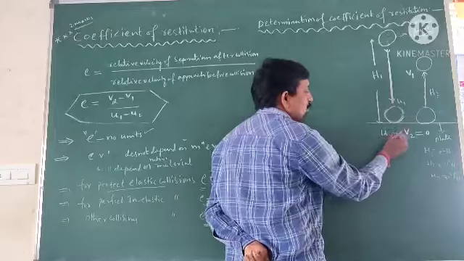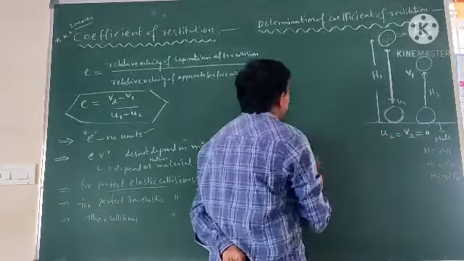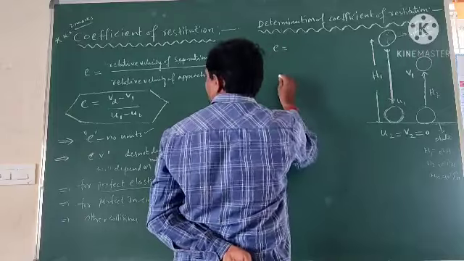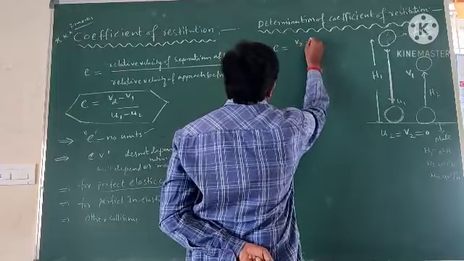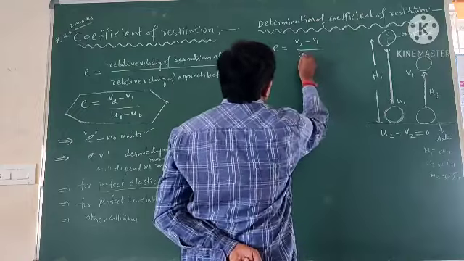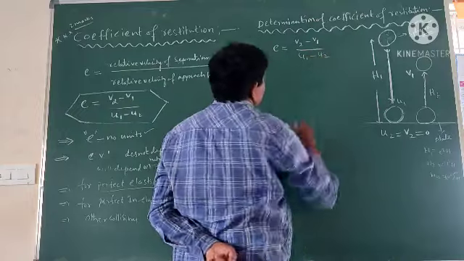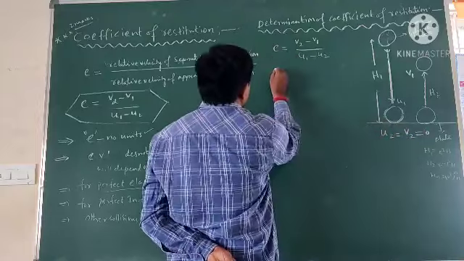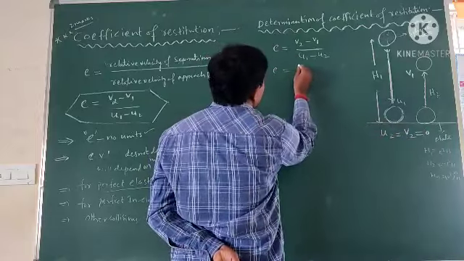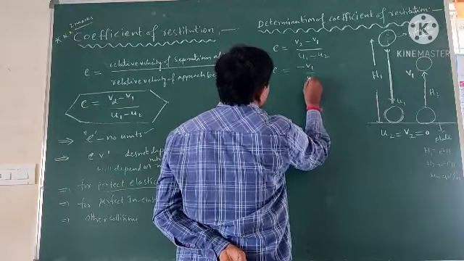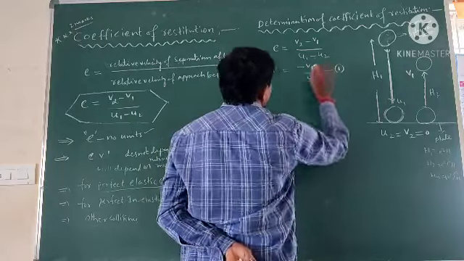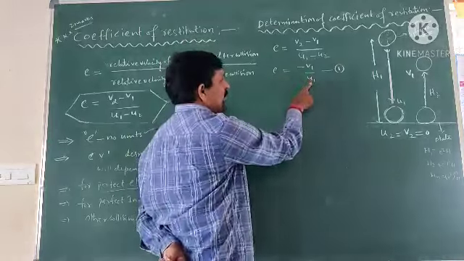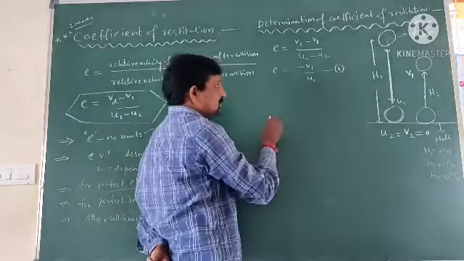That's why u2 is equal to v2 is equal to 0. According to the coefficient of restitution formula, e is equal to (v2 minus v1) by (u1 minus u2). Here u2 is equal to v2 is equal to 0. So e is equal to minus v1 by u1. Now we want to find the u1 value and v1 value.